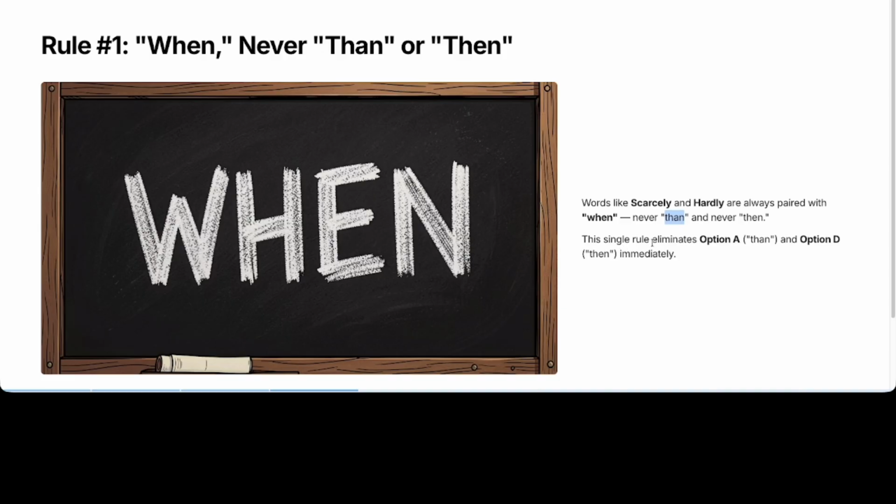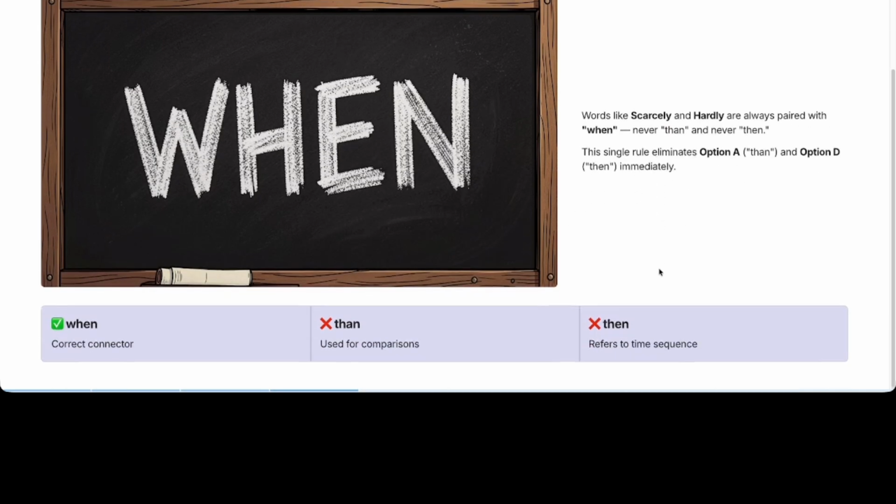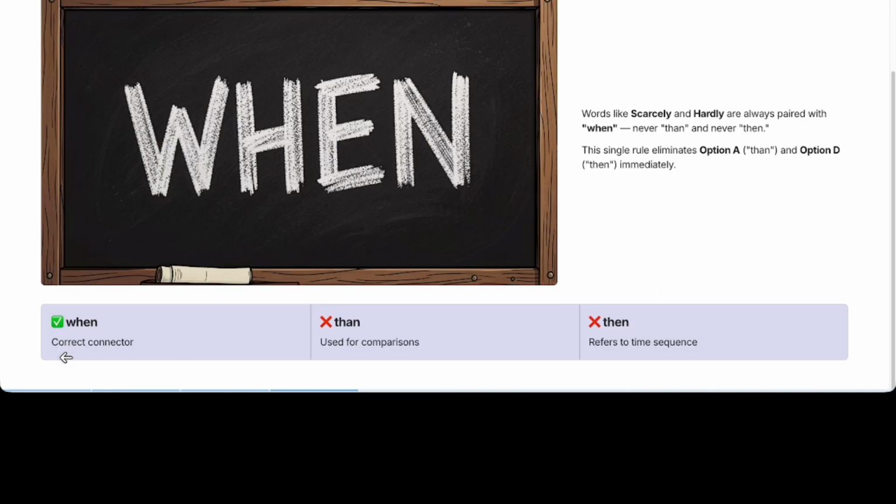So this single rule eliminates option A, which uses than, and option D, which uses then, immediately. So when is the correct connector, whereas than and then are both wrong connectors. Than is used when we make comparisons, and then refers to the time sequence.